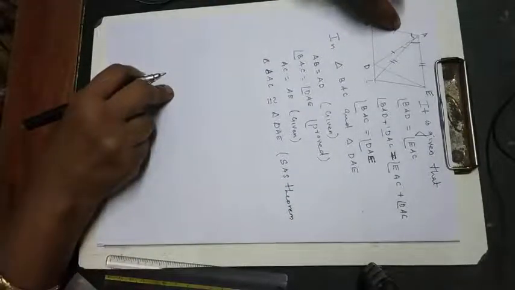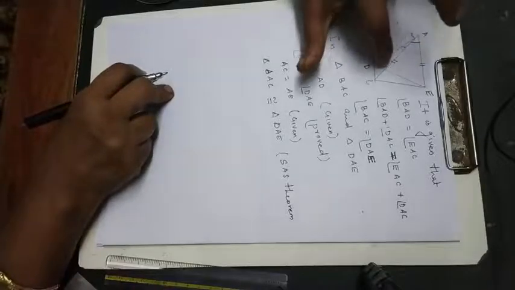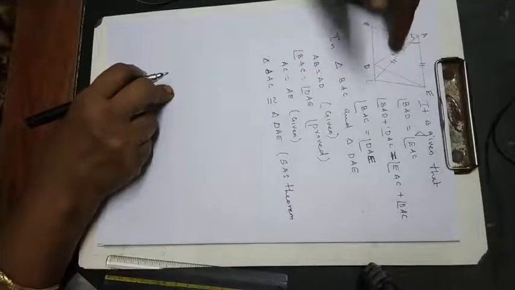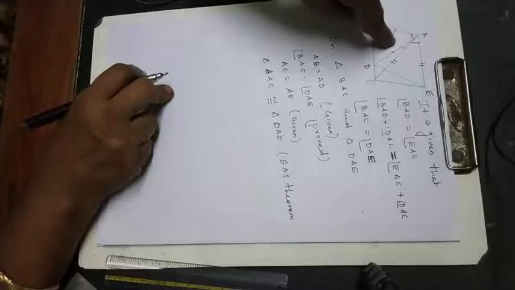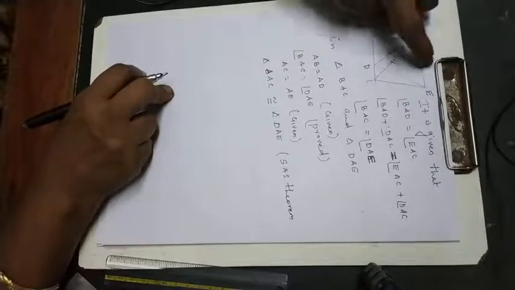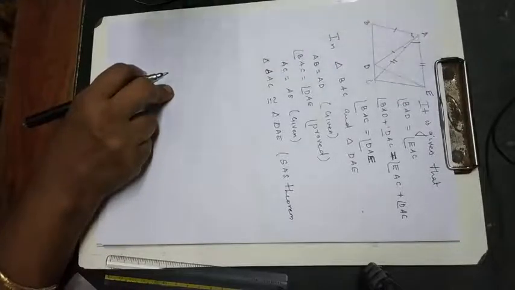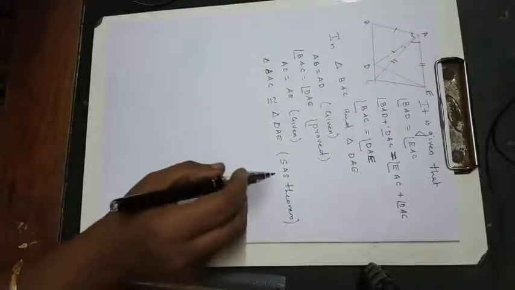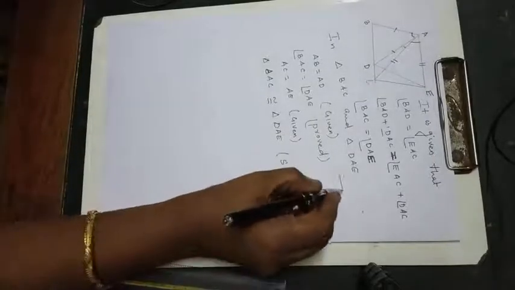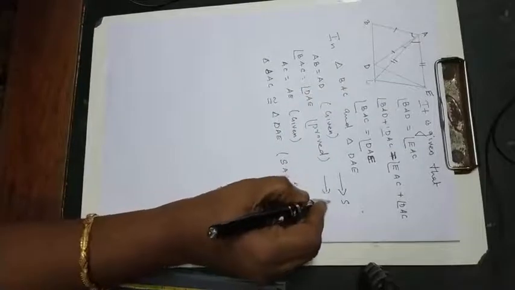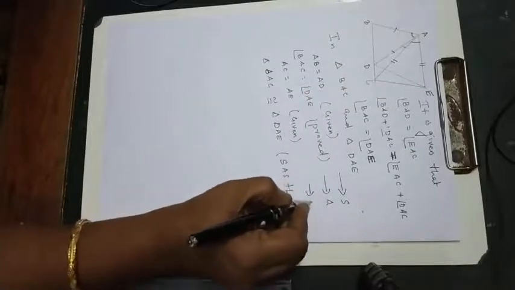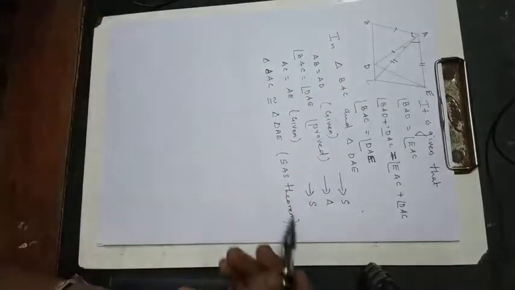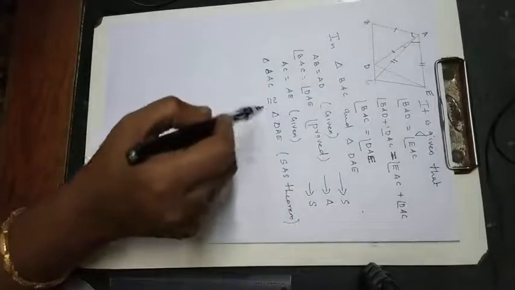One side is this one, the other side is this one, and the angle is in between those two. In the next triangle, this side and this side, and the angle is this one. So this is the one side, this is the included angle, and this is the other side. So by SAS theorem, these two triangles are congruent.